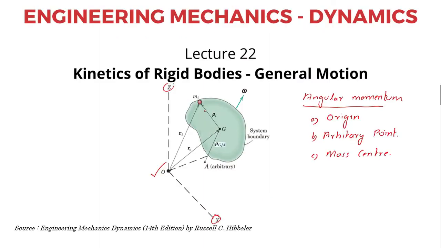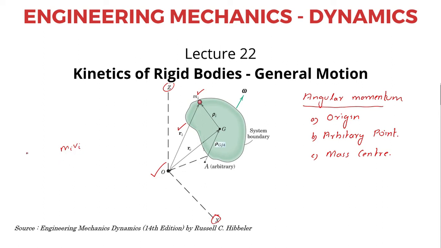Now, this rigid body here, I assume it to be a collection of particles. Let the mass of one particle be denoted by m_i, and the displacement with respect to the origin be r_i. Now the linear momentum of this particle will be m_i v_i.